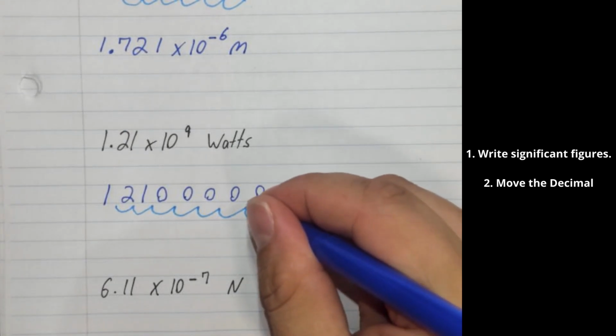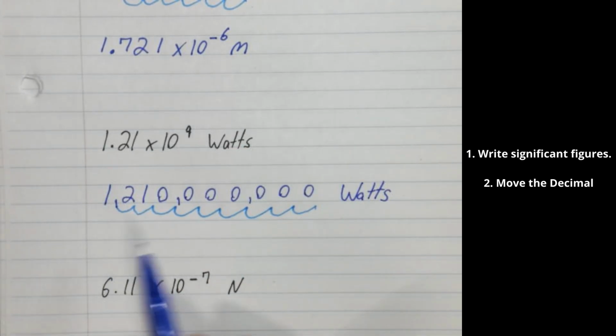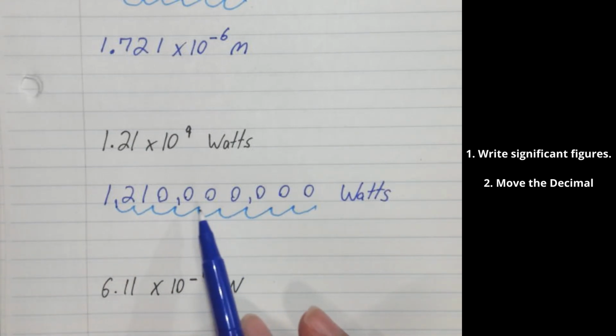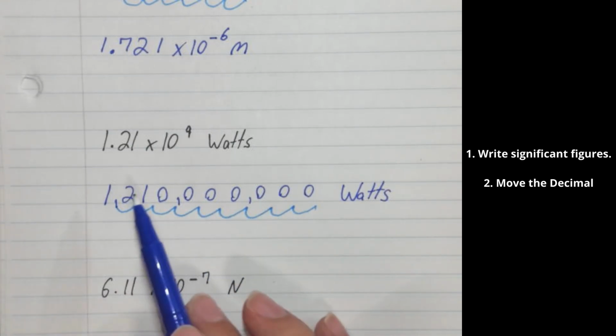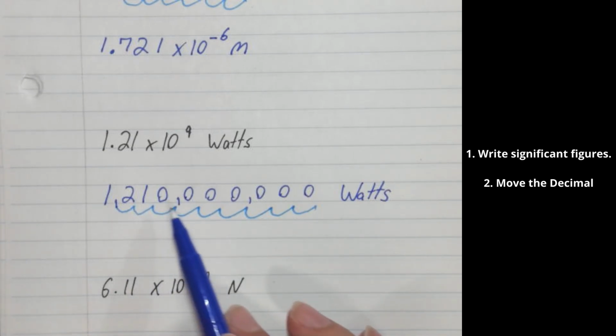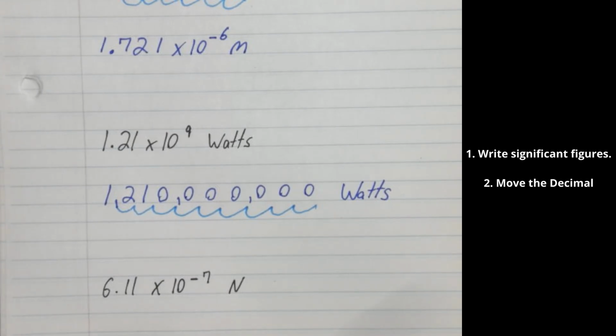If I wanted to put my commas in there, that is billion: 1,210,000,000 watts, or 1.21 gigawatts, if you remember that joke.